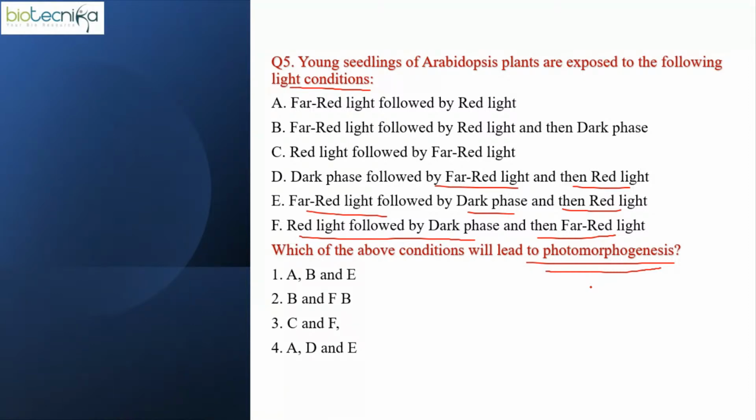Yes, scoto indicates night and photo indicates in the presence of light. So what should be the correct answer over here? This experiment itself is given in your Taiz and Zeiger book. Yeah, Sarita, I saw your answer. Then what about others?